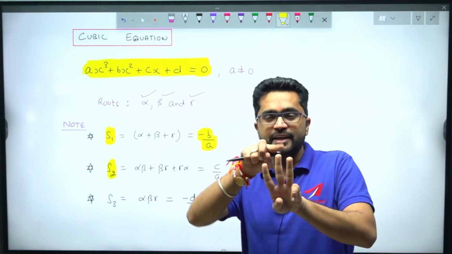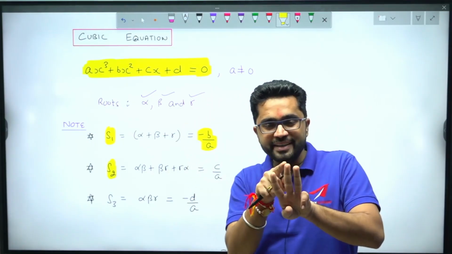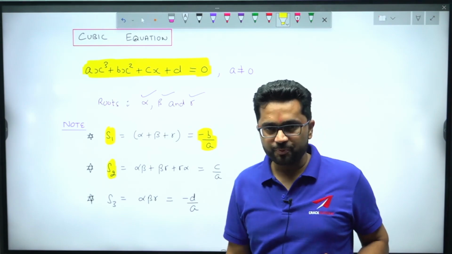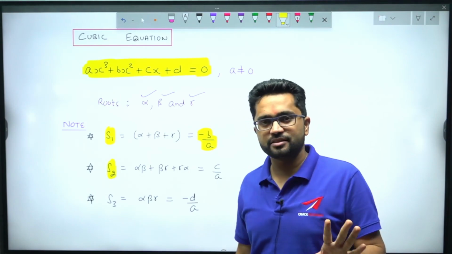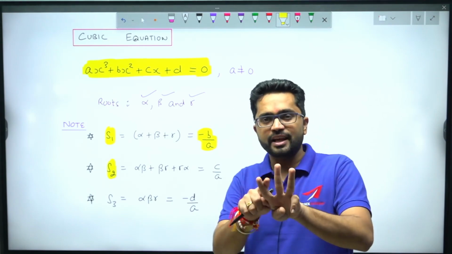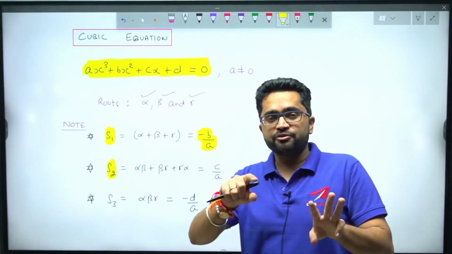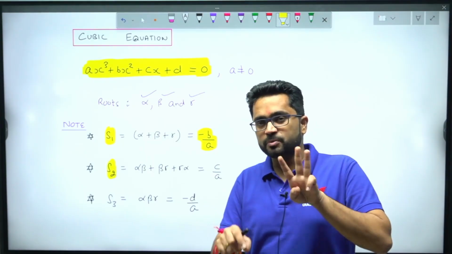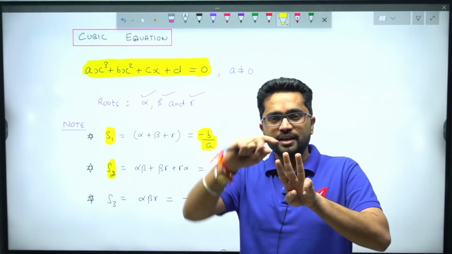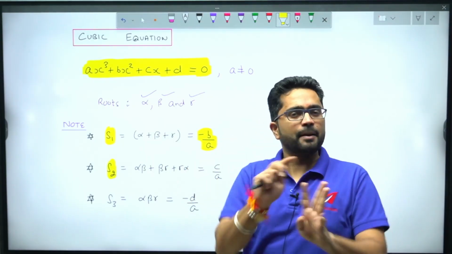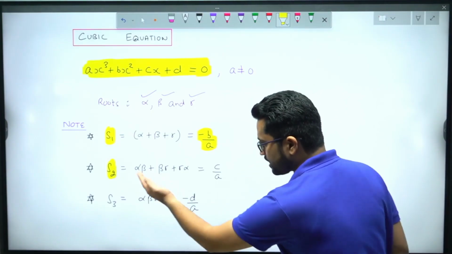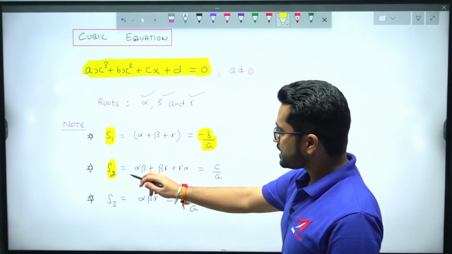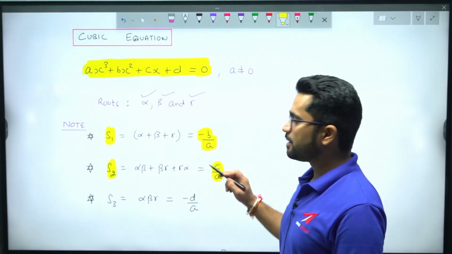One is alpha into beta, one combo, beta into gamma, second combo, alpha into gamma, third combo. There could be 3 possibilities. The 3 persons named alpha, beta, gamma: if I want you to add them pairwise, what could be the possible pairings? Alpha and beta, alpha and gamma, and beta and gamma. So alpha beta plus beta gamma plus gamma alpha comes out to be c by a.